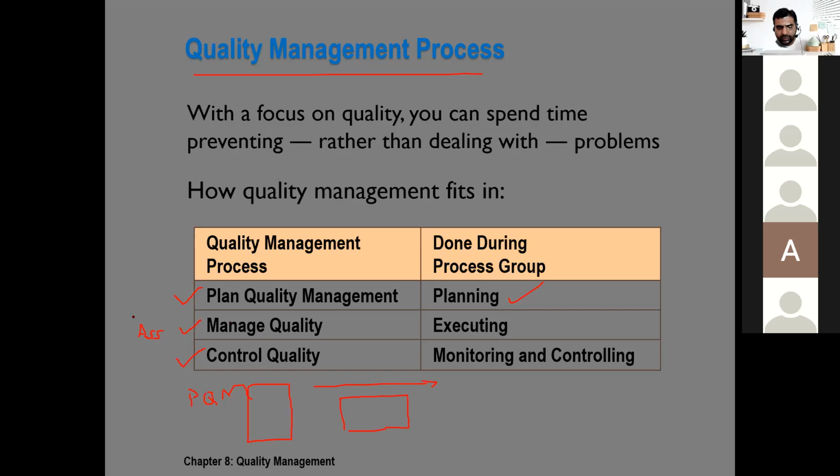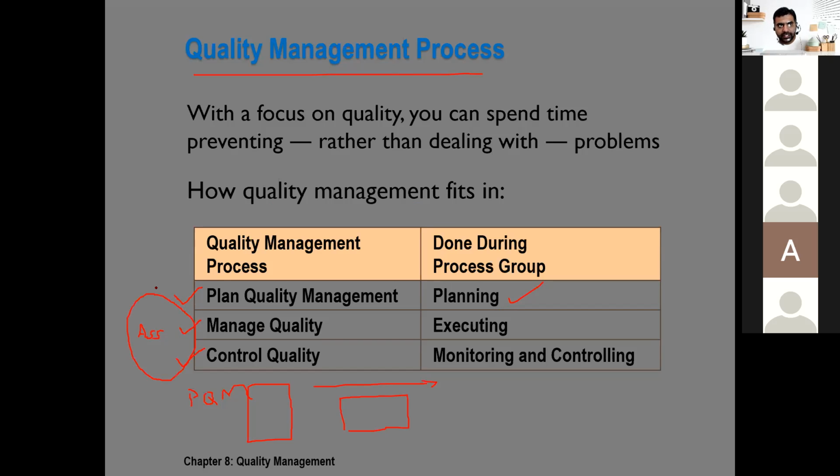In fact, manage quality you can think of as a superset, a broader term than assure quality. Assure quality is talking about that quality must be built in while we are working. But manage quality talks more than that.